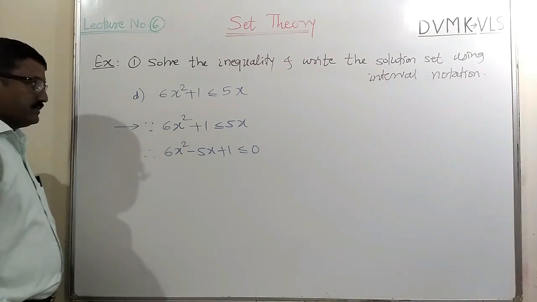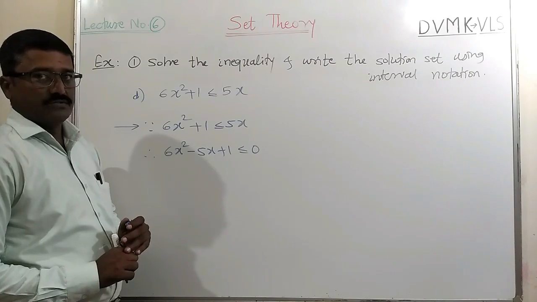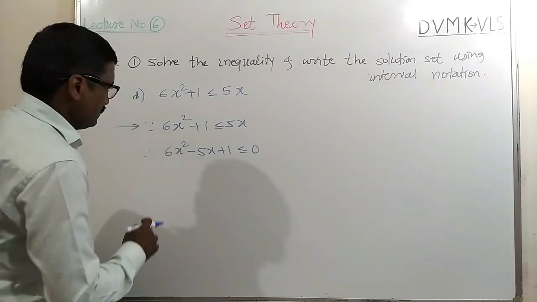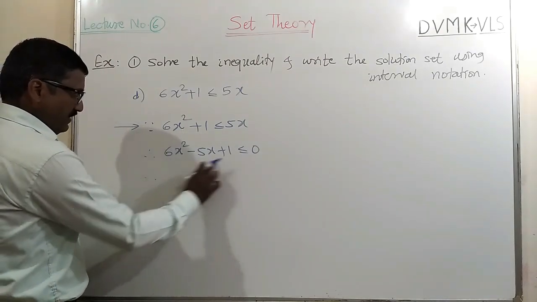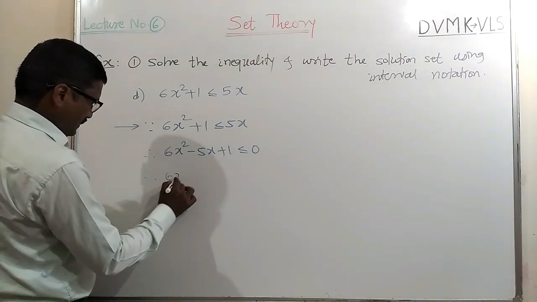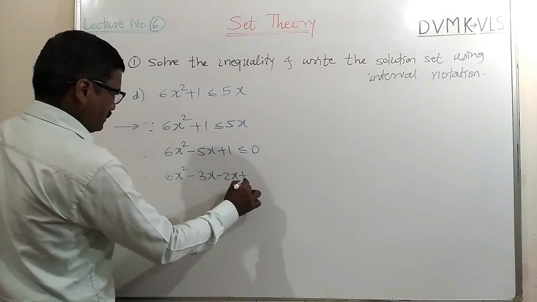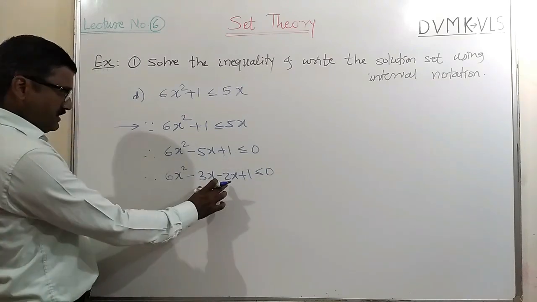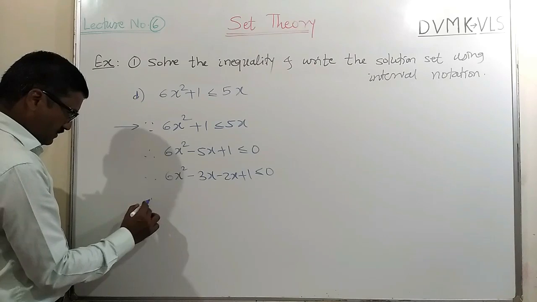Okay. We can't multiply by an unknown to both sides, but we can add or subtract positive or negative numbers to both sides. Now, can you find the factors here? Those are 2 and 3. So 6x square minus 3x minus 2x plus 1, which is less than or equal to 0, because minus 3 minus 2 is minus 5 and the product is 6, that is plus 6.